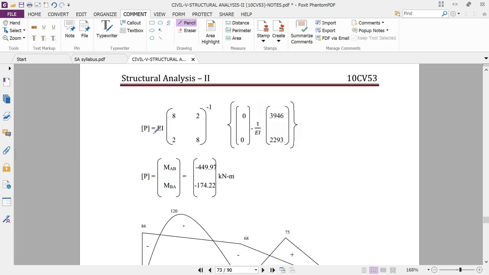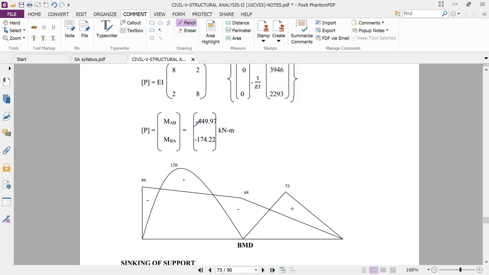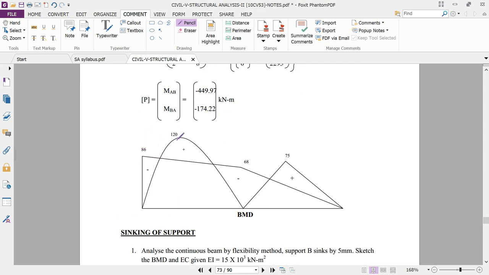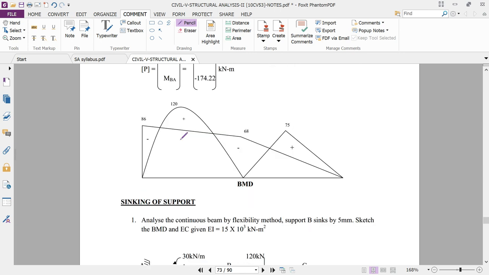So here finally put the values like this, in a matrix equation form, and you will finally get the values of M of AB and M of BA equal to minus 449.97 and minus 174.22. So these are the hogging moments which you will get in the particular diagram.